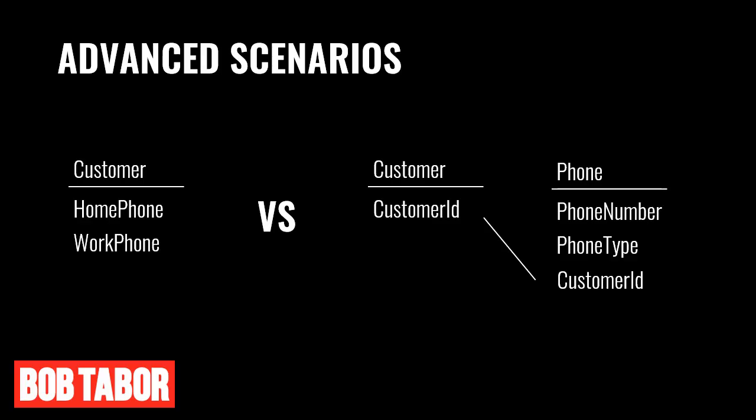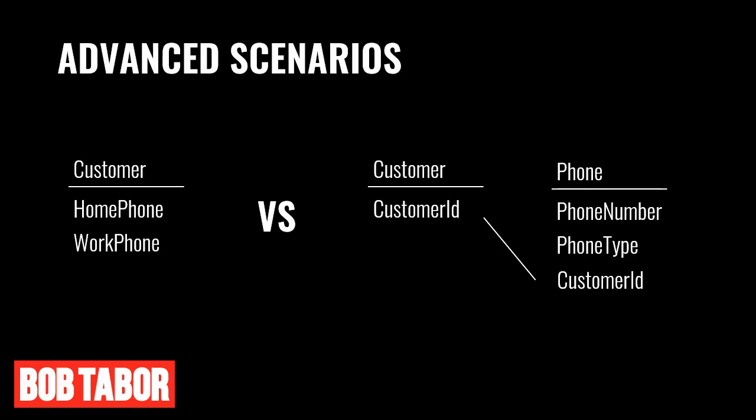Whereas in the database, the DBA or the designer went through normalization and determined that there's a customer table and a phone table. And so you would have a phone type that would distinguish not just home and work phone, but perhaps you'd have cell phone and various other kinds of alternate phones, pager, fax, whatever the case might be. And then they would be tied together with a primary key, foreign key relationship on customer ID.